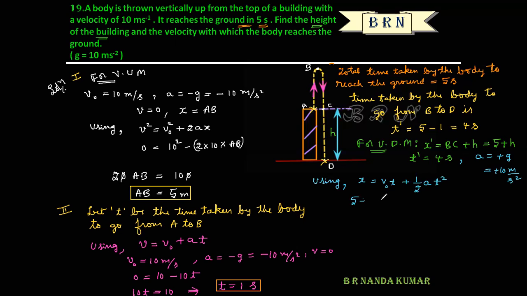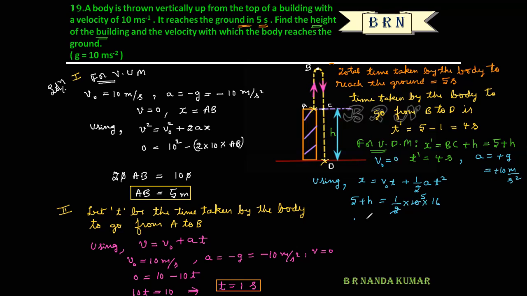For vertically downward motion, the initial velocity at point D is 0, so this term goes to 0. A becomes g, that is 10, and t is 4 seconds. 4 square is 16, and half of 10 is 5.